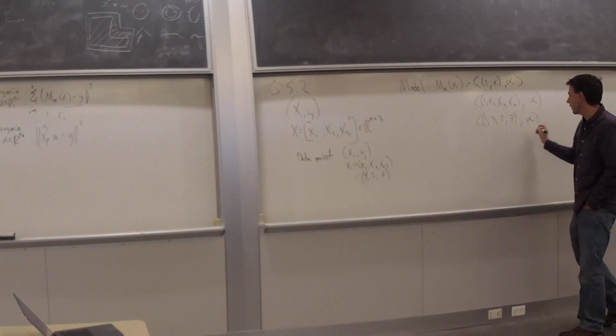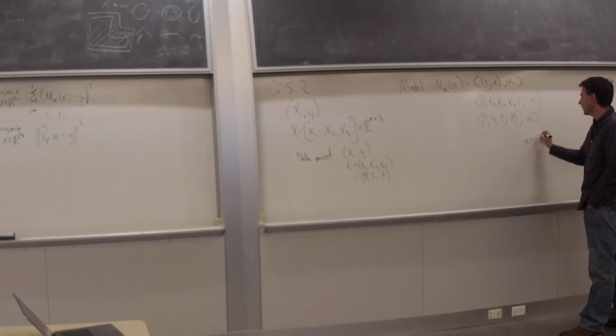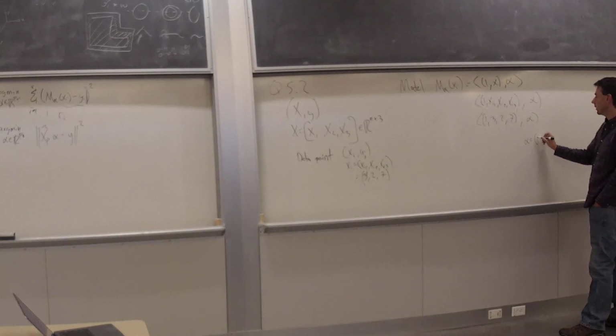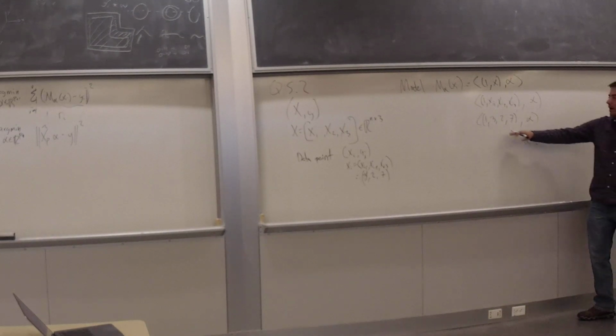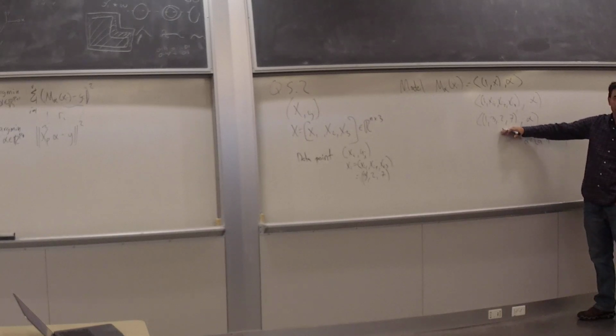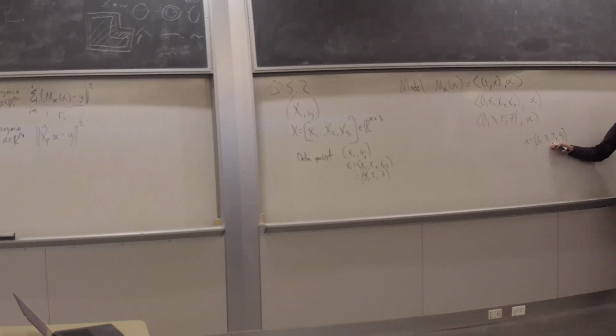And this alpha here might be 6, 3, 2, 4. This is also going to be a 4-dimensional vector. To compute the model, I could ask you to compute this dot product.